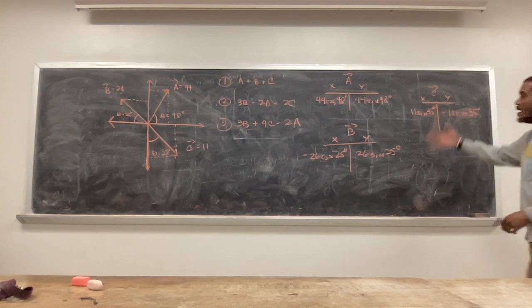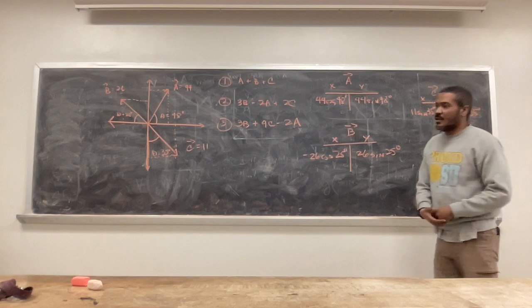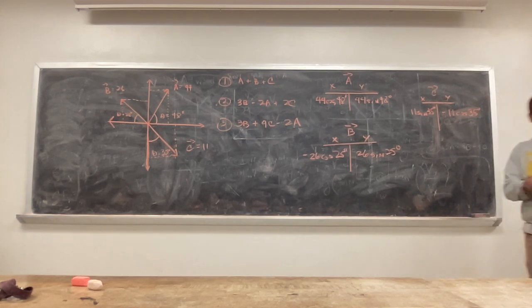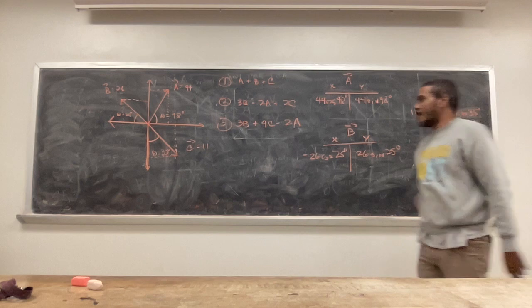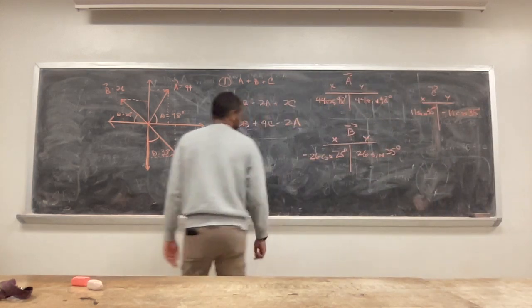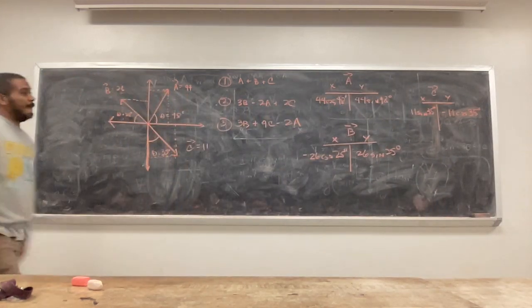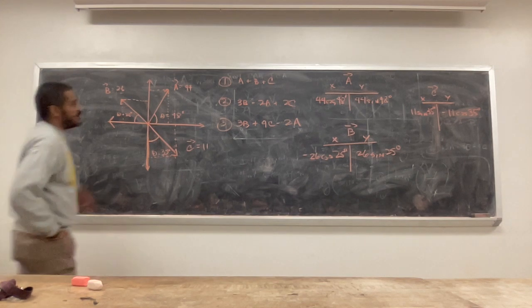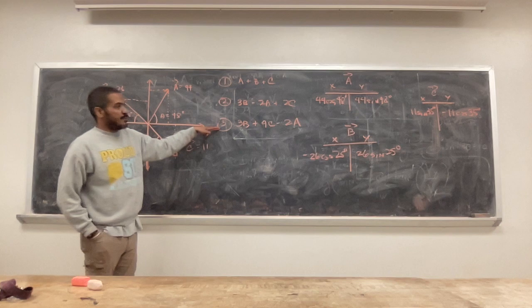Now, what are the numbers? Do we have numbers for all of those? Let me make sure our calculators are in degrees and we know how to put them in degrees. I'm gonna leave 2 and 3 for you guys to practice on your own.